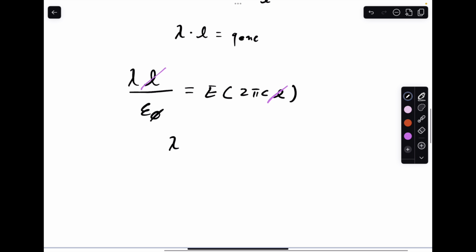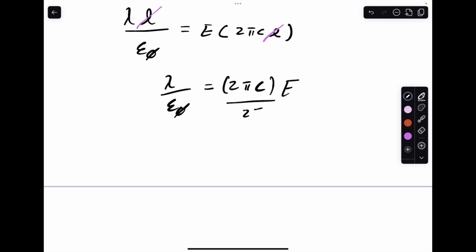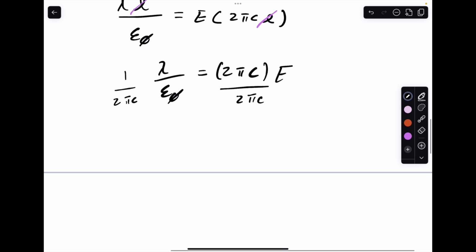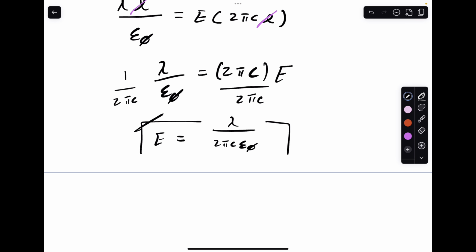And now I get lambda divided by epsilon naught is equal to 2 pi C times E. So I'll just divide by 2 pi C on both sides, right? And then I get my final derivation that the magnitude of the electric field is equal to lambda divided by 2 pi C epsilon naught. And there's the final derived equation for this Gauss's law problem.